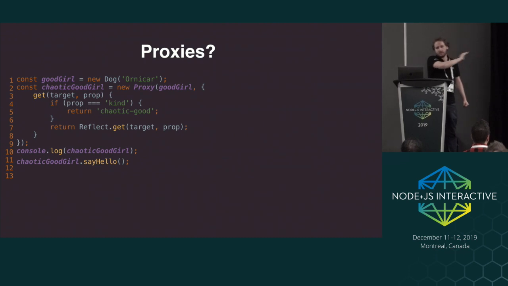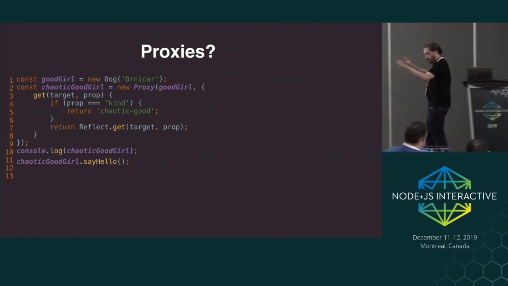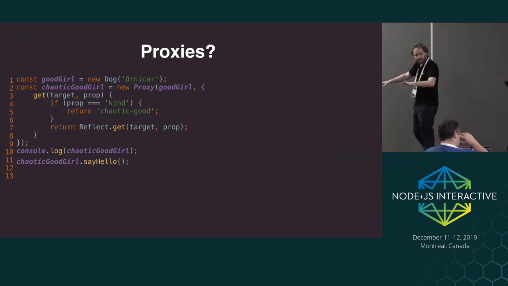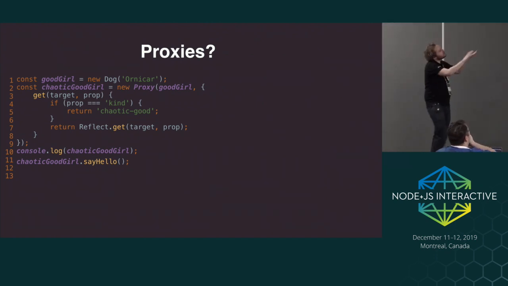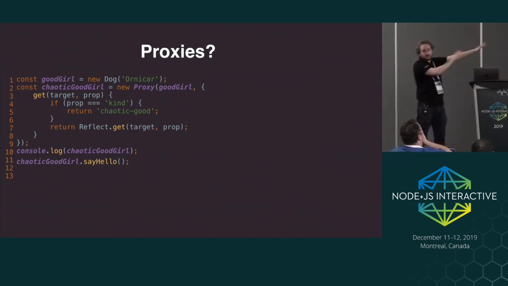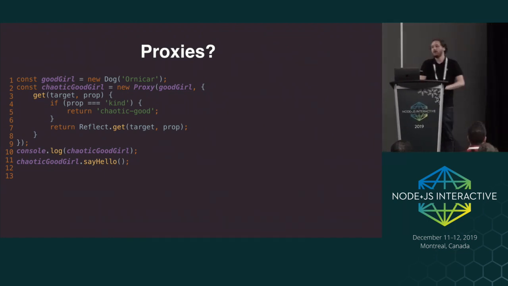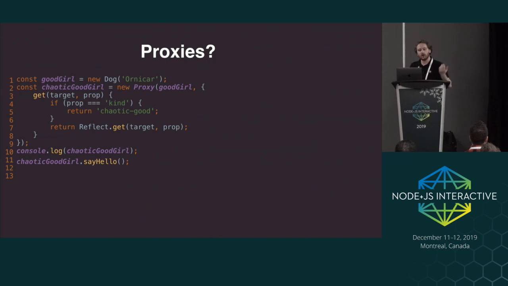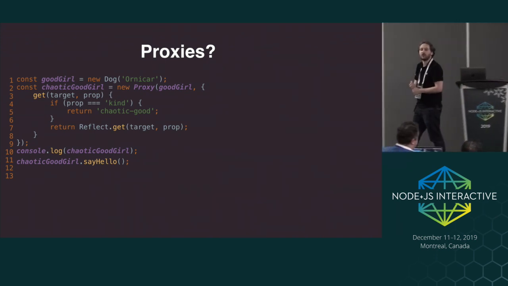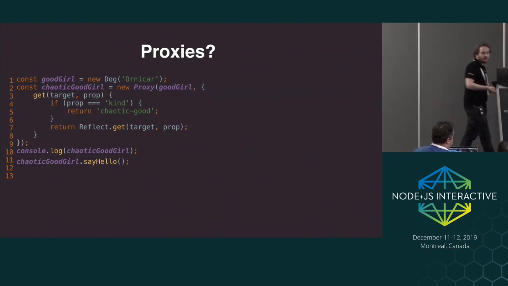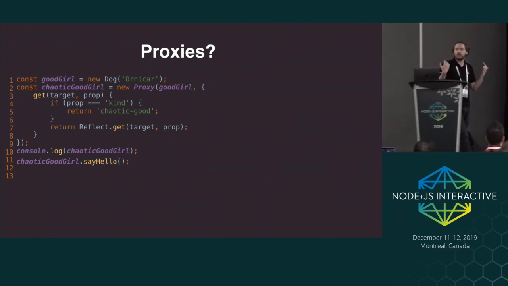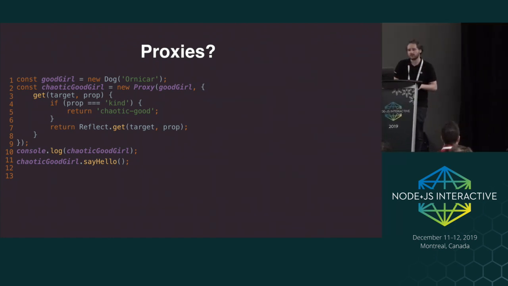It's a trap named get, meaning that each time someone will try to access a property on this object, returned by the proxy constructor, this piece of code will be called. It's like a universal getter on that object. It takes two arguments, the first one being target, the object that is owning the property, and prop, which is the name of the property you are trying to access.